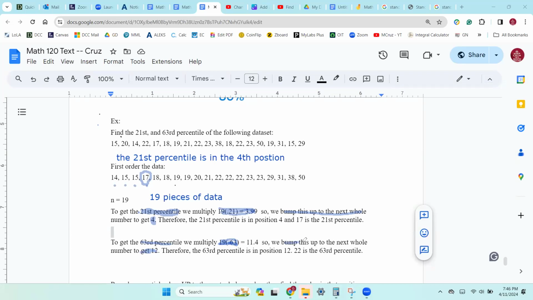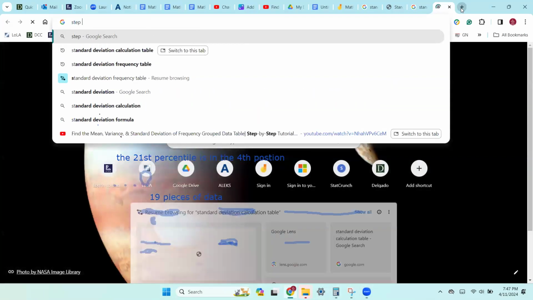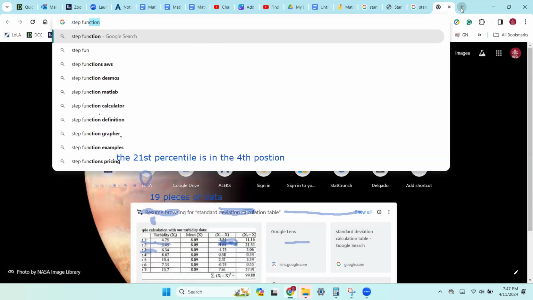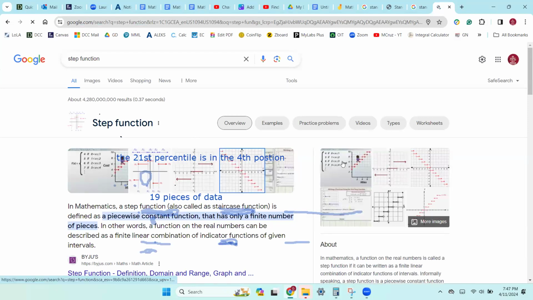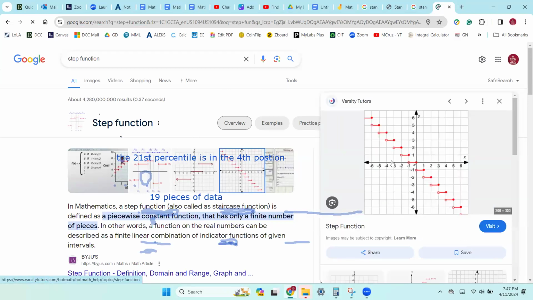See, we bump up. That's kind of my word. It's actually called a step function, I believe. If you got any portion of a number, it bumps up. See, it always goes up, always goes up.